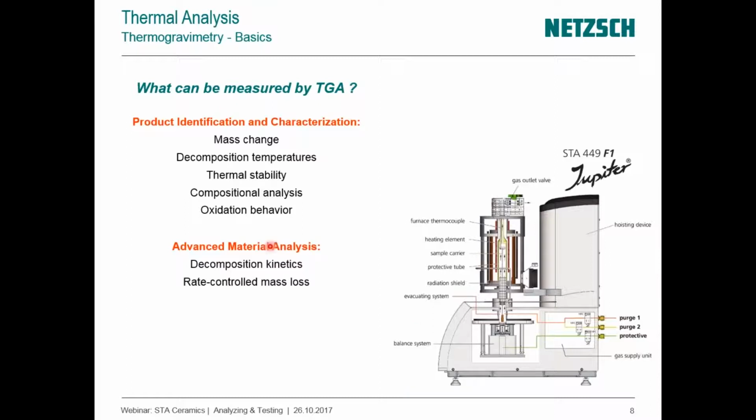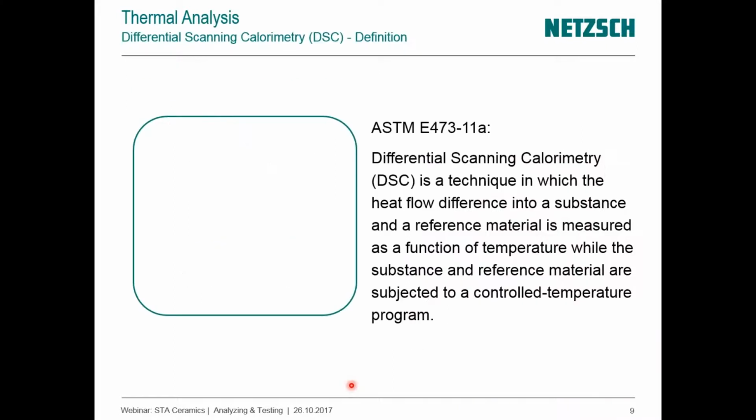So we can see when these decomposition reactions occur. Of course, at the same point when we see decomposition temperatures, we can also talk about thermal stability of materials. We can do composition analysis because we see all the different kinds of components which are decomposing. And finally, we can also oxidize materials.